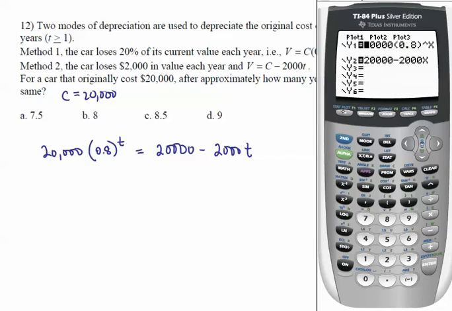We start off with the exponential function, 20,000 times 0.8 to the x, and 20,000 minus 2,000x.